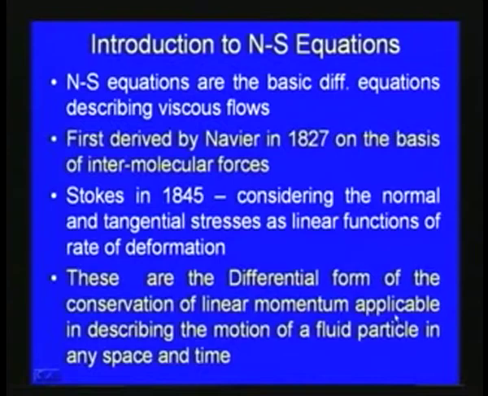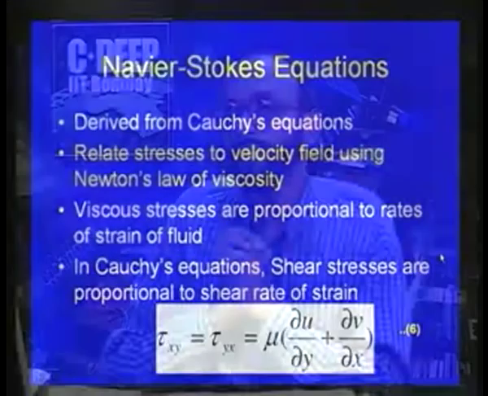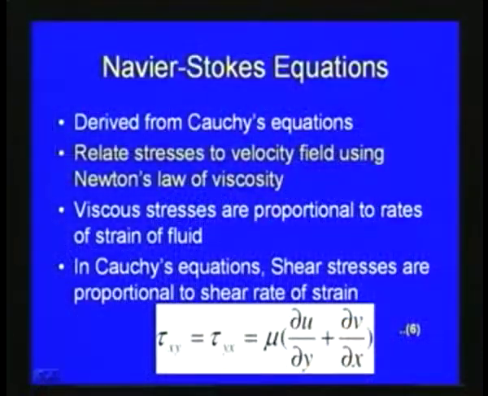What we do here for the Navier-Stokes equation is to represent these stresses, either normal stress or shear stress, in terms of the velocity components by utilizing Newton's law of viscosity, or the stress-strain relationship.